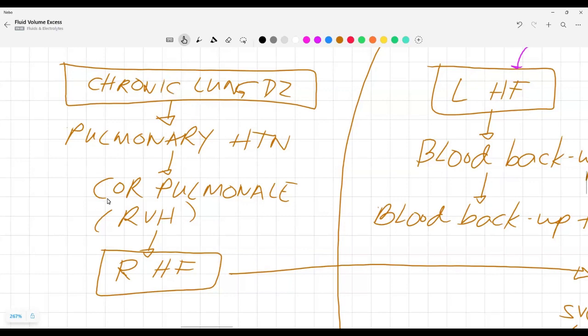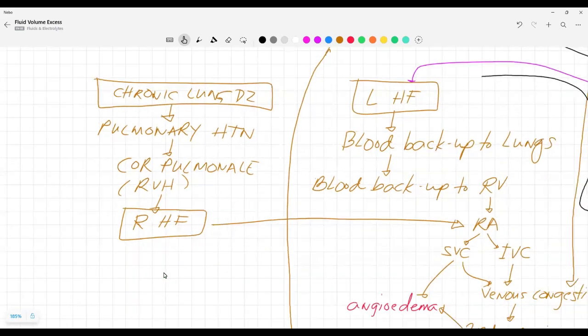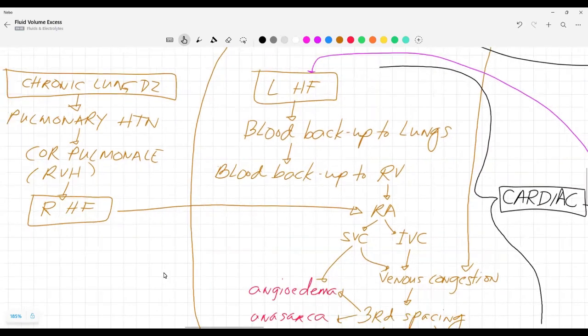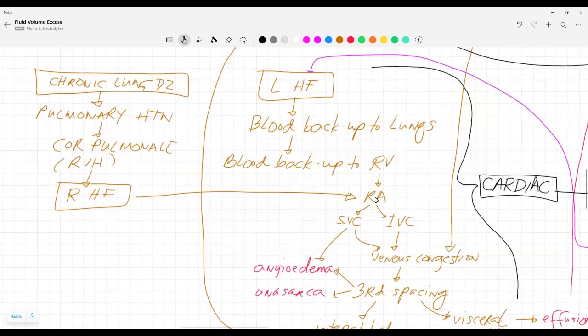So now that there's backup into the right ventricle, with enlargement of this, then that can cause weakness of the right ventricle, which could lead to backup to the right atrium, and backup of blood to the superior vena cava and inferior vena cava. And I'll come back to this when we talk about the left side heart failure.